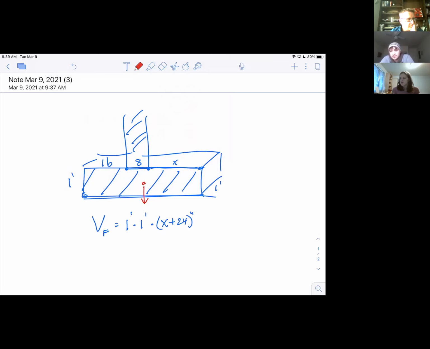Don't you, when you multiply it, multiply 150 by x plus 24? Do you divide x plus 24 by 12 to make it feet? That's right, because it's 150 pounds per cubic foot, which means this needs to be cubic feet.